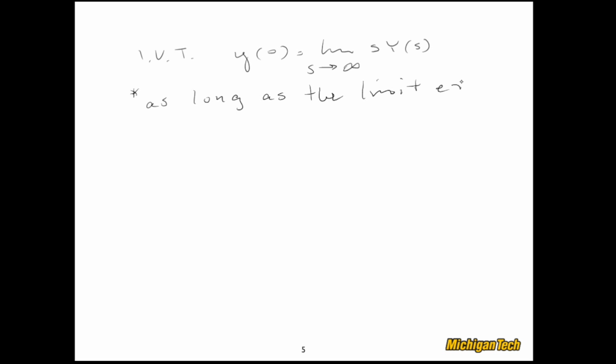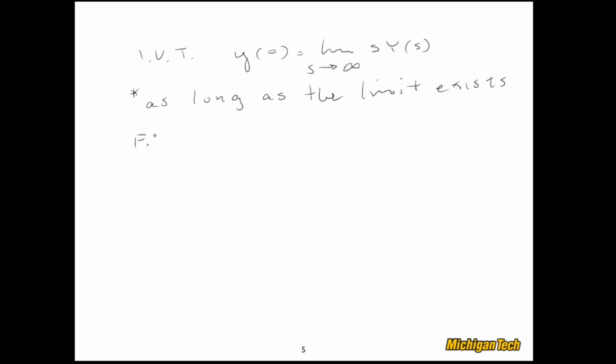We'll do the initial value theorem first, IVT, and it goes like this. y at time equals 0 is equal to the limit as s goes to infinity of s times y of s. So assuming that I have some function y of s, I multiply it by s, and I let s go to infinity. And this works every time as long as the limit exists. So there's a caveat here: as long as the limit exists.